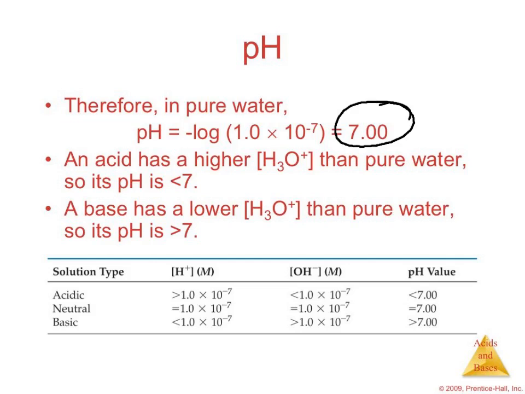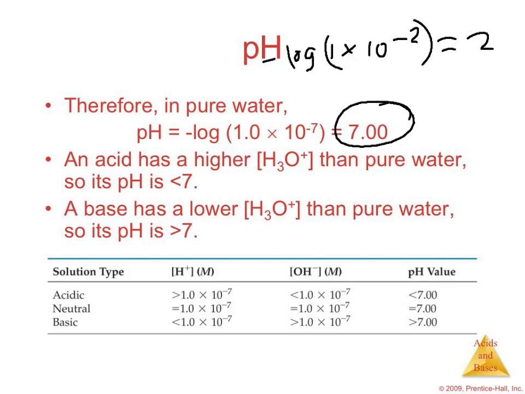So anything that has a pH of less than 7, we're going to call an acid. Let's say that we have an H3O plus concentration of 1 times 10 to the negative 2nd. So much more concentrated H3O plus than in pure water. Well, you take the negative log of that, and it's going to give you the number 2.